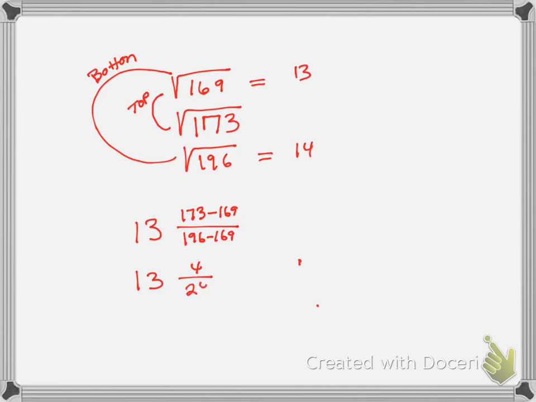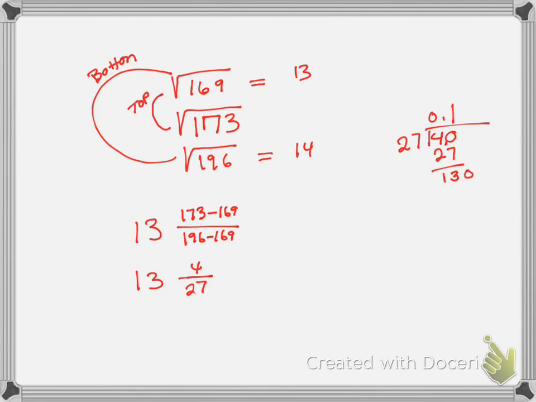Yeah, 27. So I'm going to put 27 into 4. My decimal's here. It goes how many times? Once. The remainder is 13.